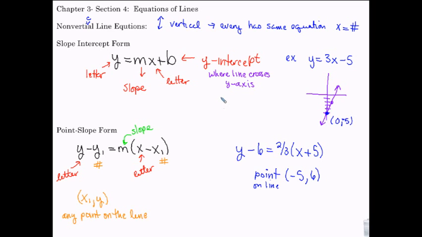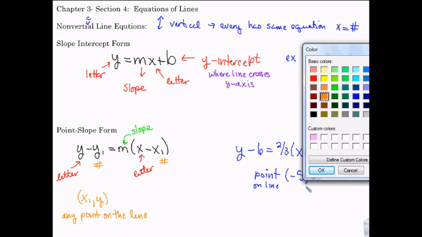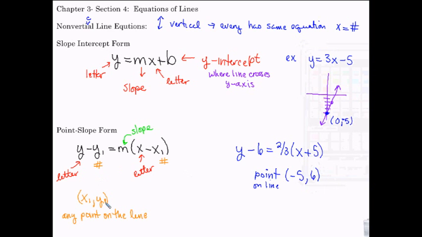It's telling you a point on the line, it's just a very specific point. Whereas this formula down here is any point anywhere on the line. It could be the y-intercept, it could be a point over in this section. It could be up here in this section. It could be back here. It can be anywhere as long as it's on the line.